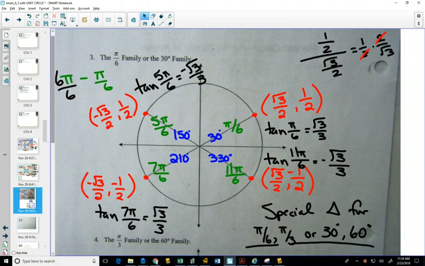Pick another volunteer for cos of 270 degrees. Can't pick the same person twice, so you guys are now off the hook. Who did you pick? AJ. Cos of 270 degrees. Zero.